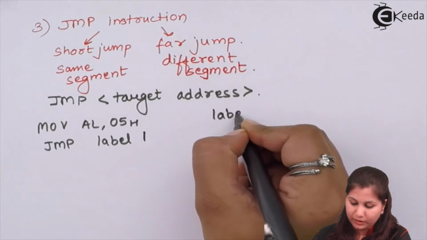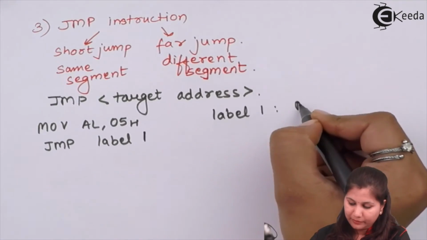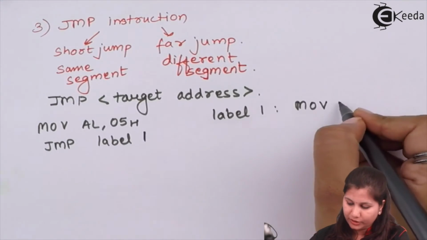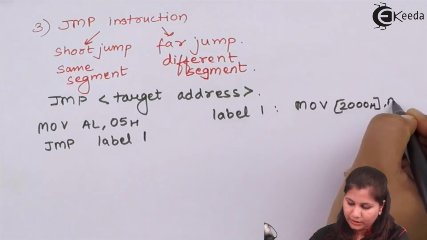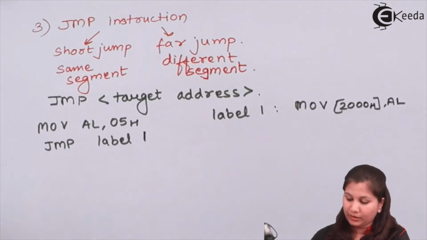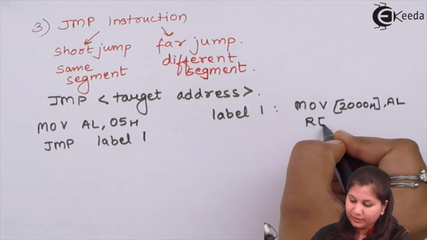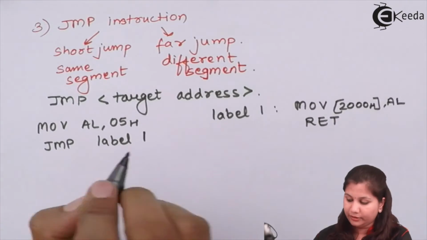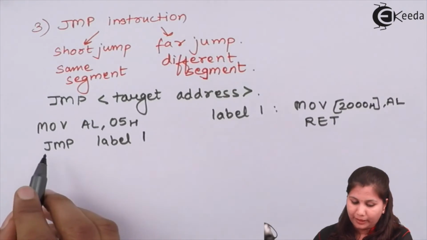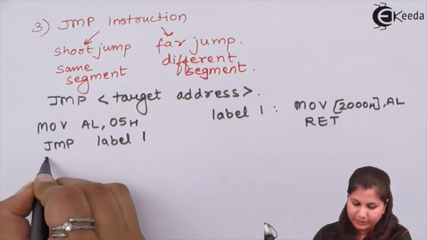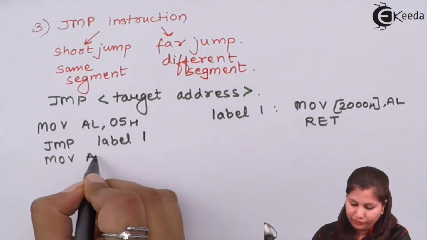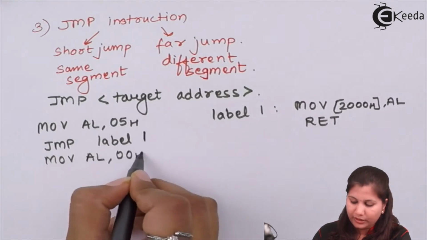At that memory location another instruction is written: MOV 2000H, AL, and after that return is written. So this is going to return back to this jump instruction, and after that suppose another instruction is written, MOV AL, 00H.